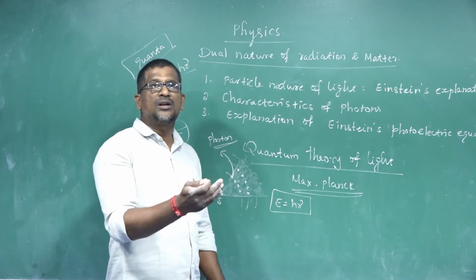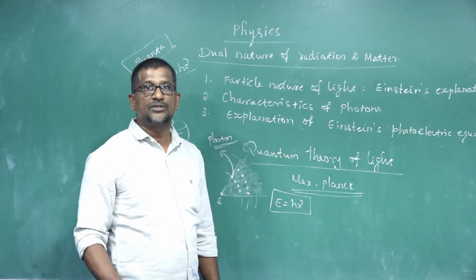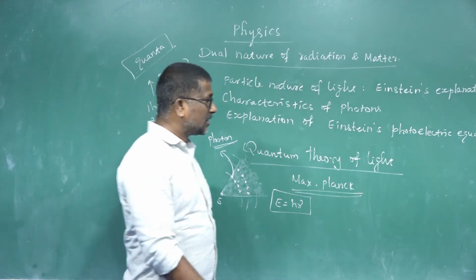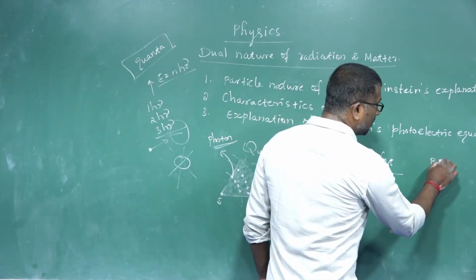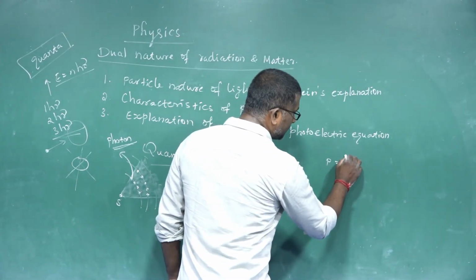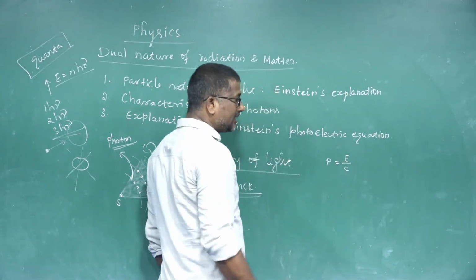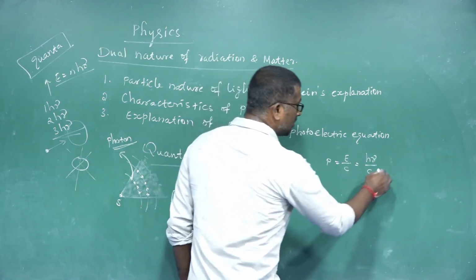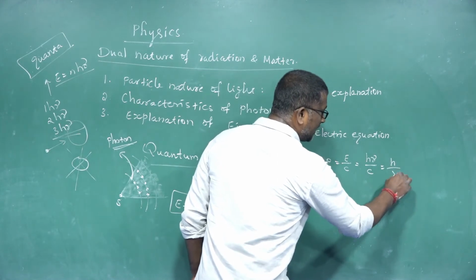Because the light photon travels with the velocity of light, definitely the photon possesses linear momentum, right? The linear momentum possessed by the photon is given by p is equal to E divided by c, or h nu divided by c, or h divided by lambda.